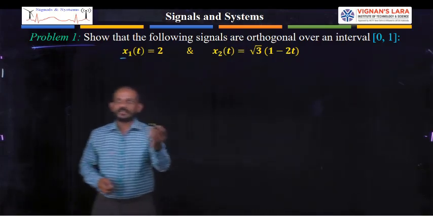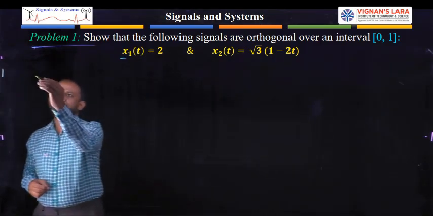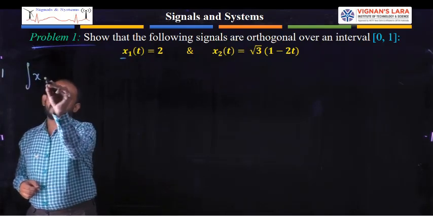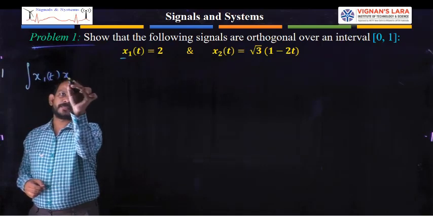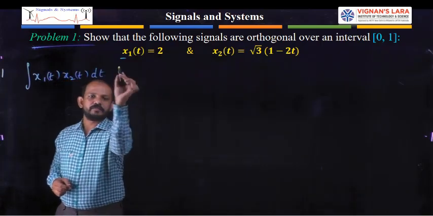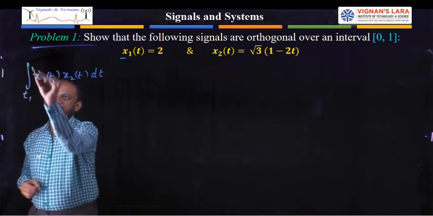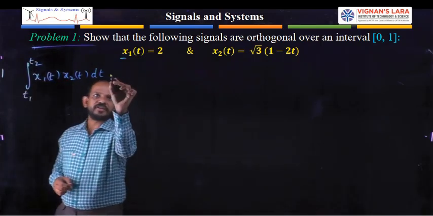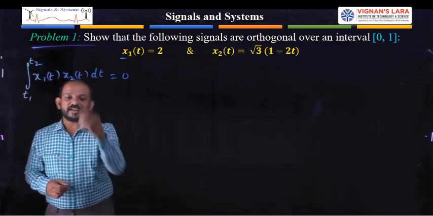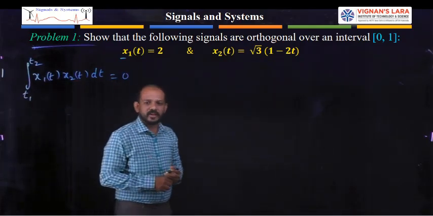Mathematically, you can write that as: the integral of x1 of t, x2 of t dt over the interval t1 to t2 is equal to 0. Then we can say the signals x1 of t and x2 of t are orthogonal.